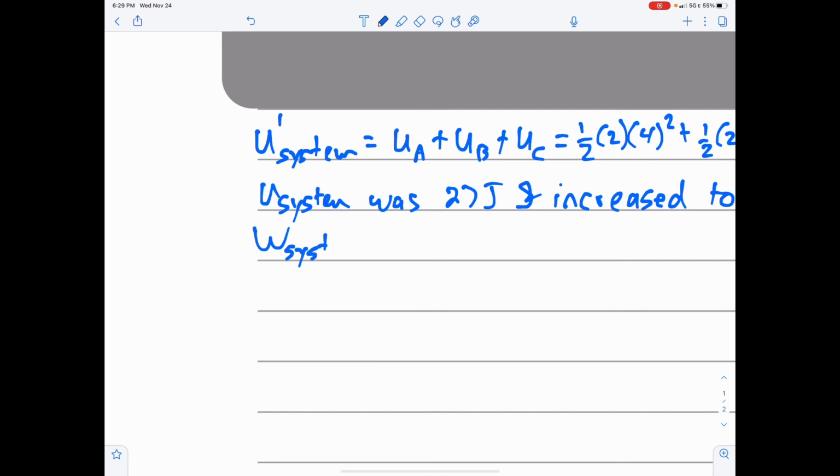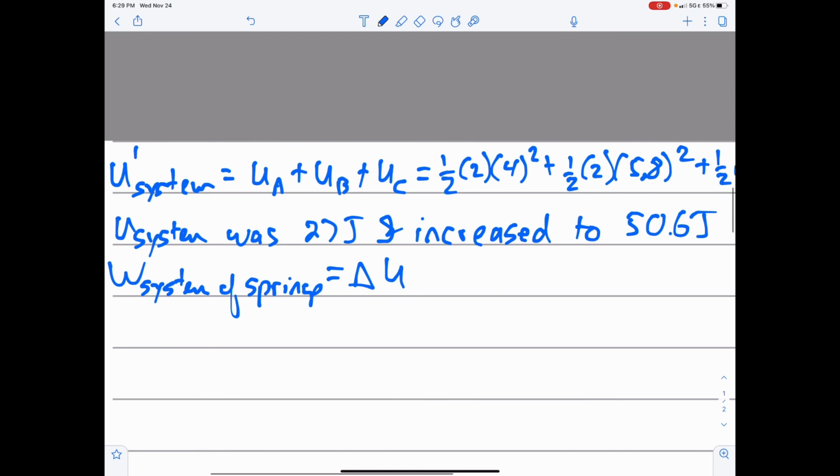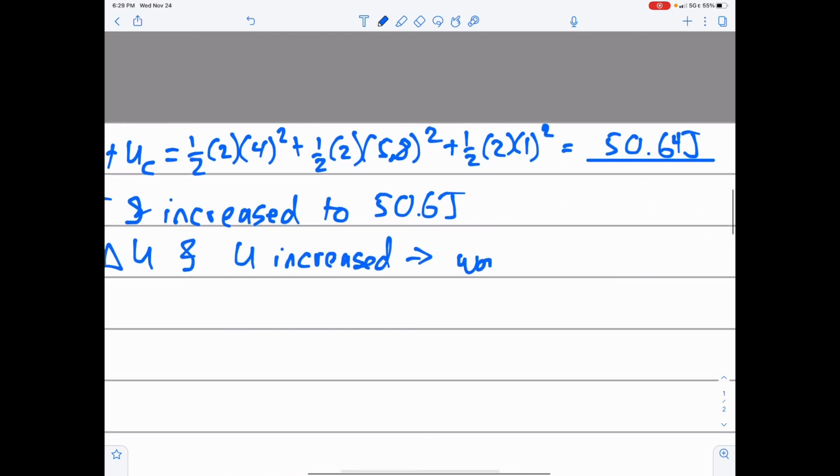Since work on the system of springs is equal to a change in the potential energy, and the potential energy increased, that means work is positive.